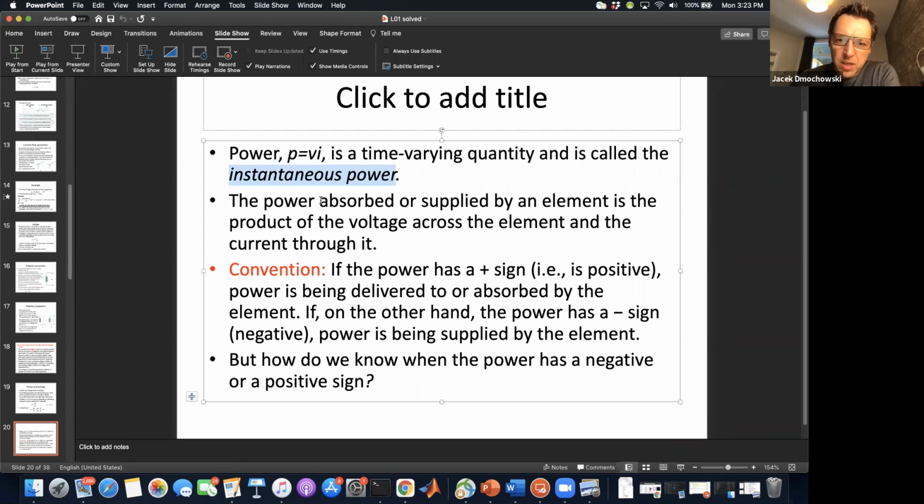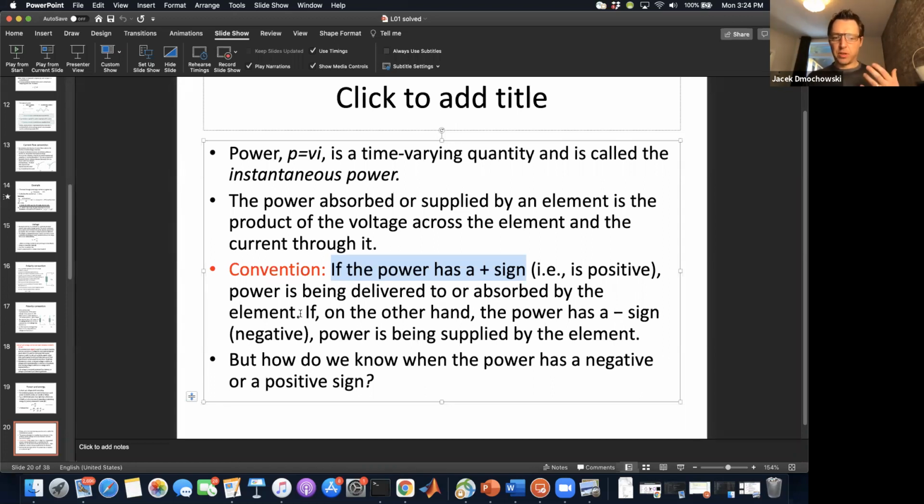Okay, so you can either absorb power or supply it. For example, a battery supplies power, whereas a device will absorb power. When we say absorb, it means it uses it, it transfers it to do work. We have another convention: if the power has a positive sign, in other words, if the product of voltage and current is positive, we say that power is being delivered to or absorbed by the element.